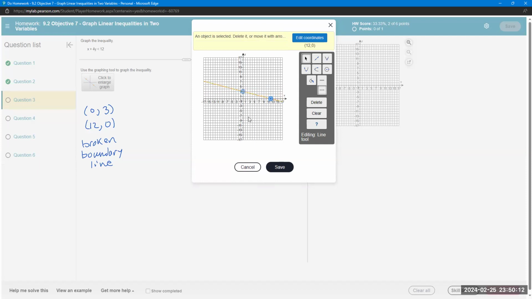There we go, 12, 0, okay. And then now I need to choose a test point. In this case, where I've done this, I need to see maybe 0, 0 is not on the boundary line. So is 0 less than 12? It is. So I'm going to shade on the side with 0, 0. Save it.